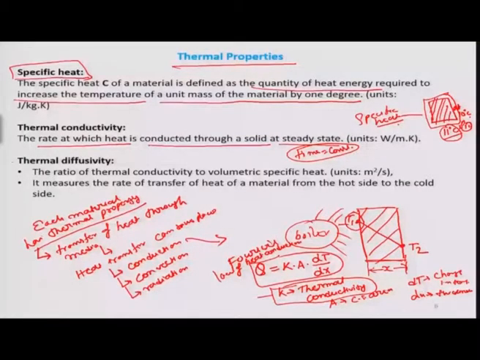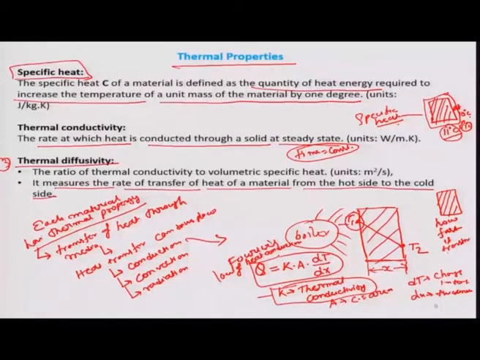The third property is thermal diffusivity, and thermal diffusivity measures the rate of transfer of heat of a material from the hot side to the cold side. It signifies how fast any material transfers heat.